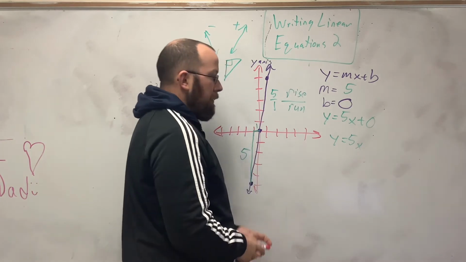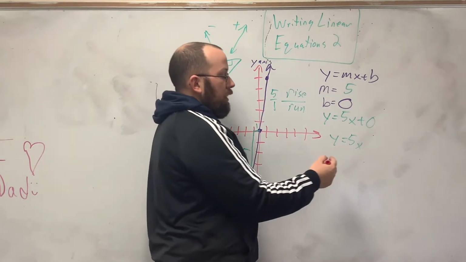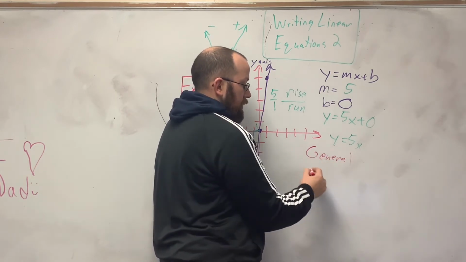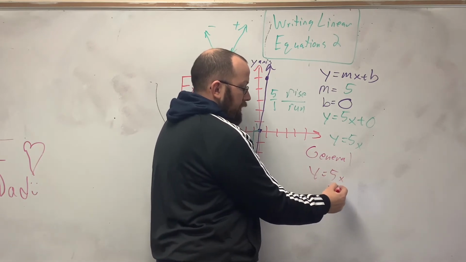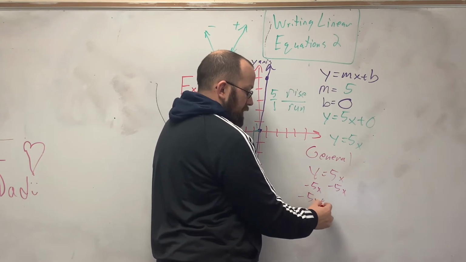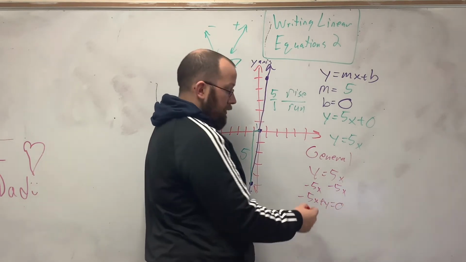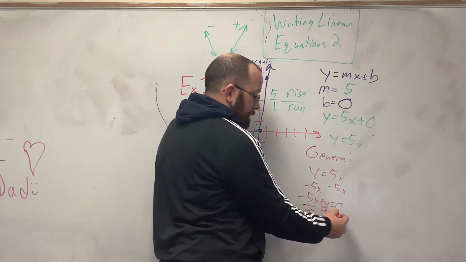Now, if I want my general form, I just have to move everything over. So y equals 5x. I move my 5x over to give me negative 5x plus y equals 0. But I can't have anything on that front number, so I divide everything by negative 5.